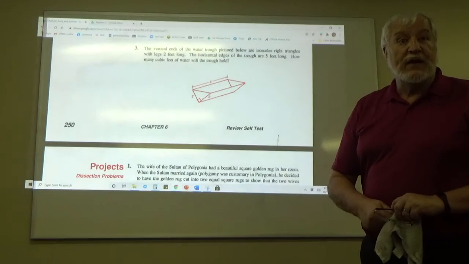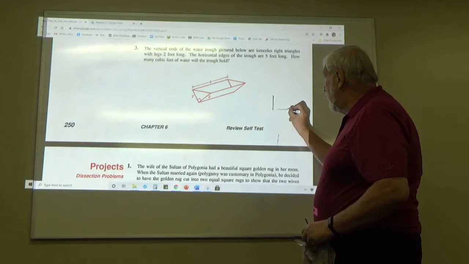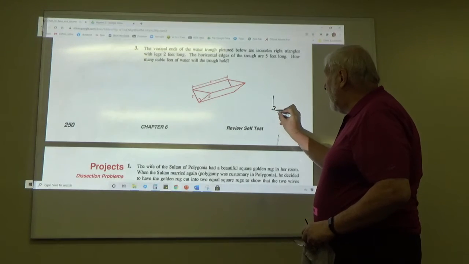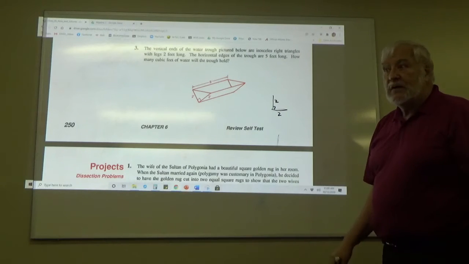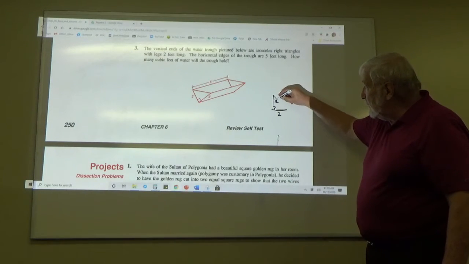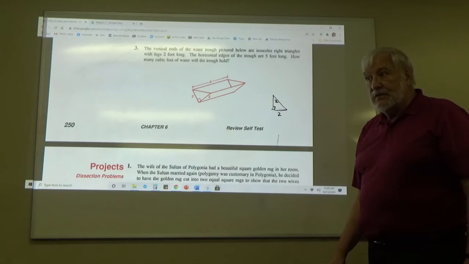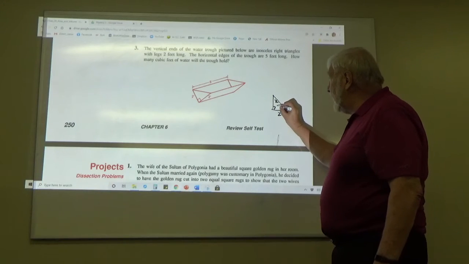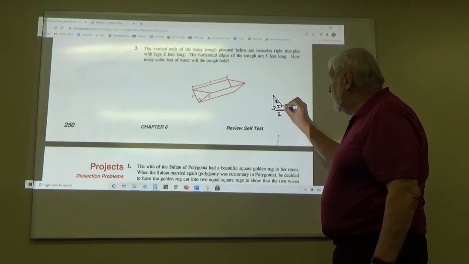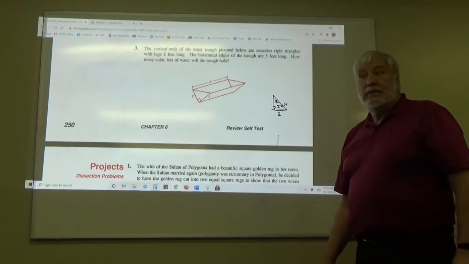So therefore, if I turn it on its side, I have a base of 2 and a height of 2. So what's the area of the triangle? 1/2 base times height. So this area is 2 square feet. That triangle.